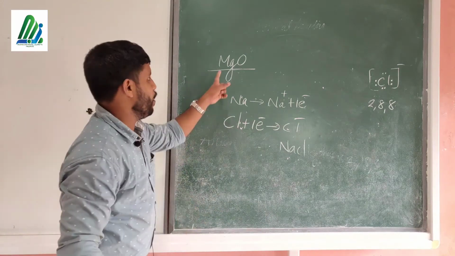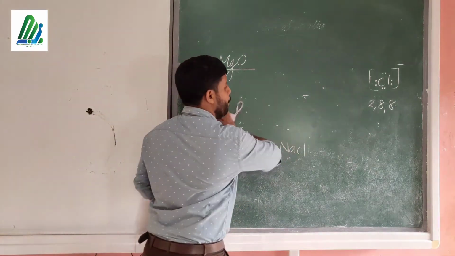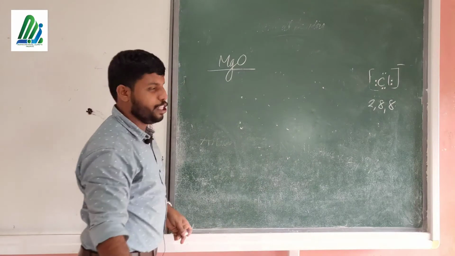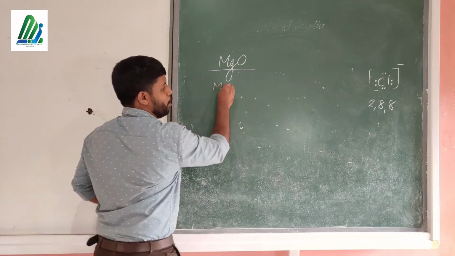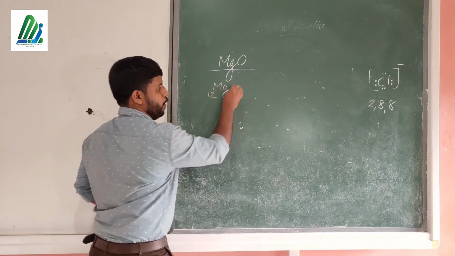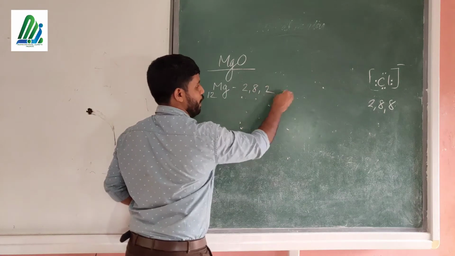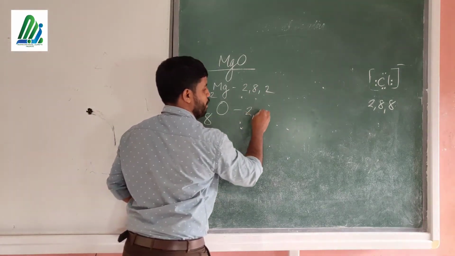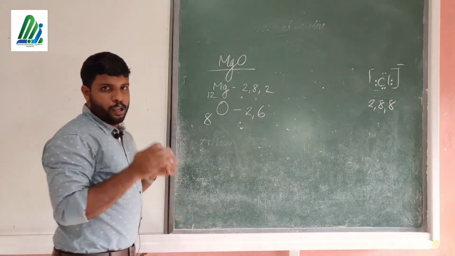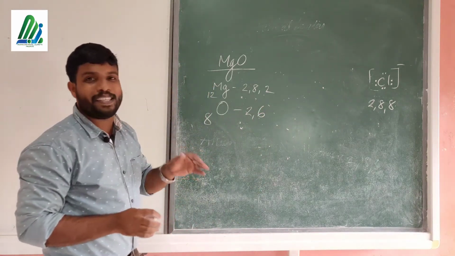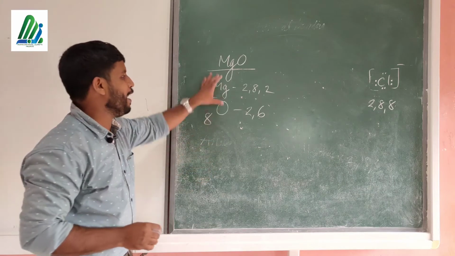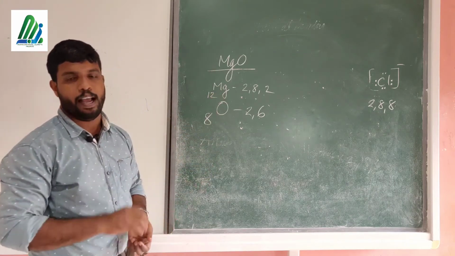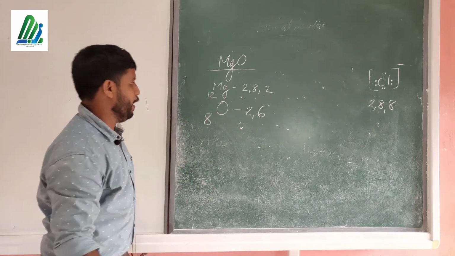Ready? Like that, we are going to discuss the formation of magnesium oxide. Magnesium's atomic number is 12, so its electronic configuration is 2, 8, 2. Oxygen's atomic number is 8, with electronic configuration 2, 6. Students, we are going to represent the electron dot diagram of magnesium and oxygen and the formation of magnesium oxide.